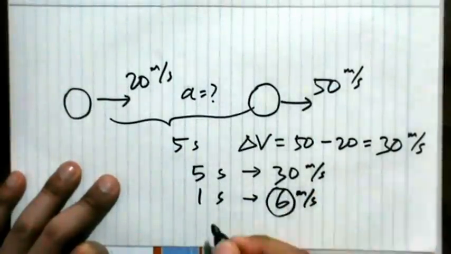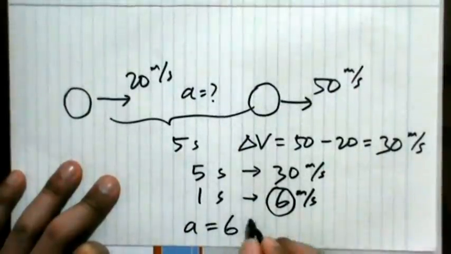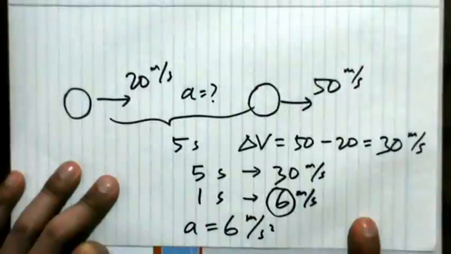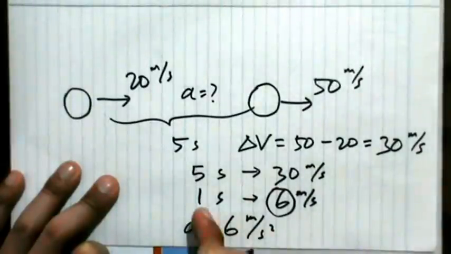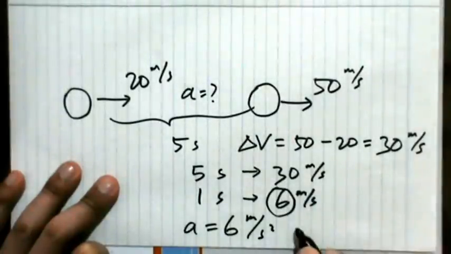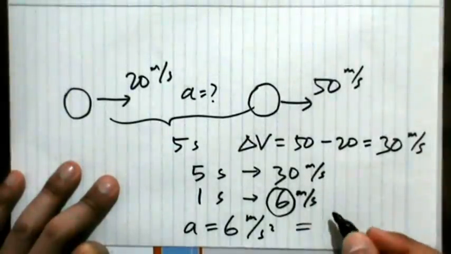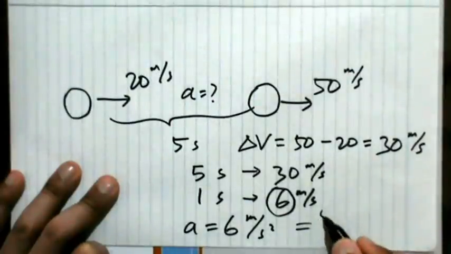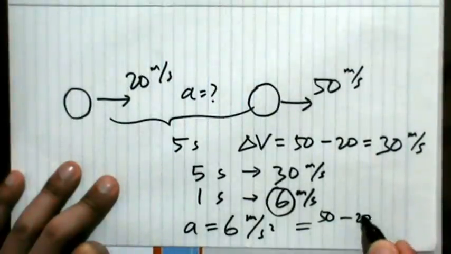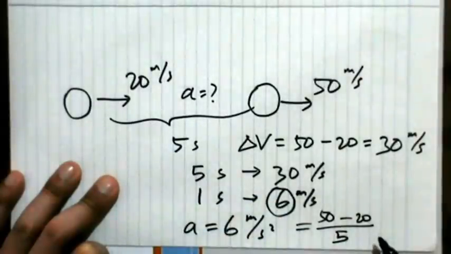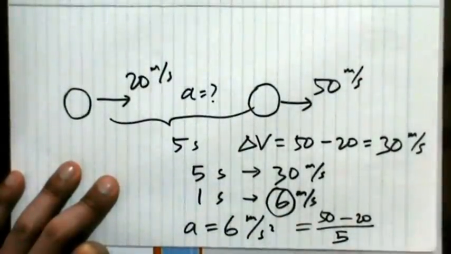So here 6 is our acceleration, 6 meters per second squared, or the meaning is that every second the speed is increasing 6 meters per second. And let me rewrite again how we get this. So that's from 50 minus 20 divided by the time here, 5 seconds, so we'll get 6.